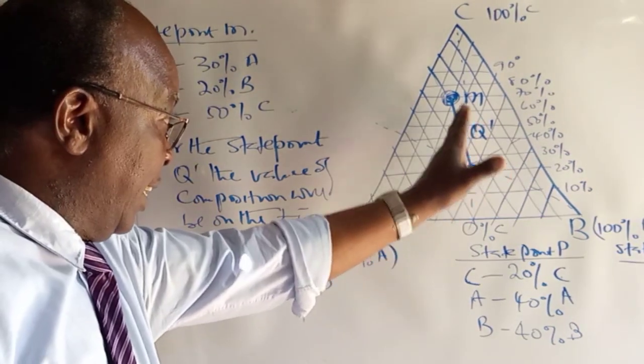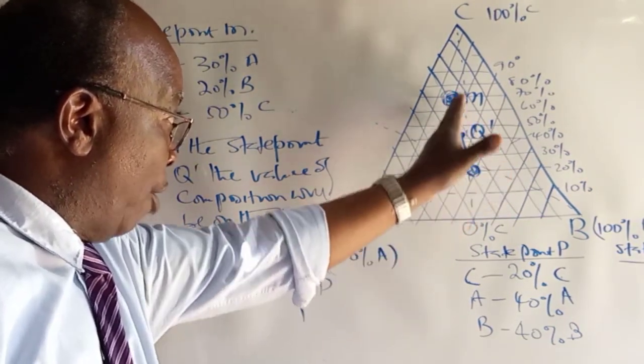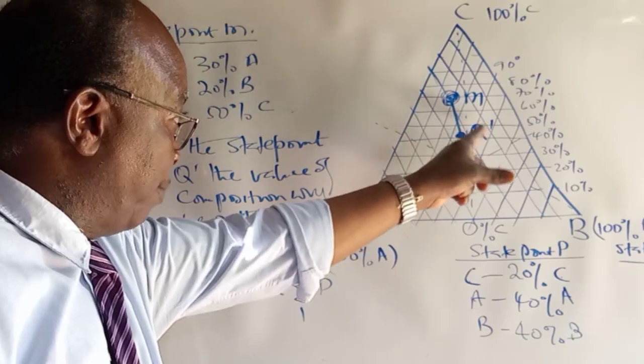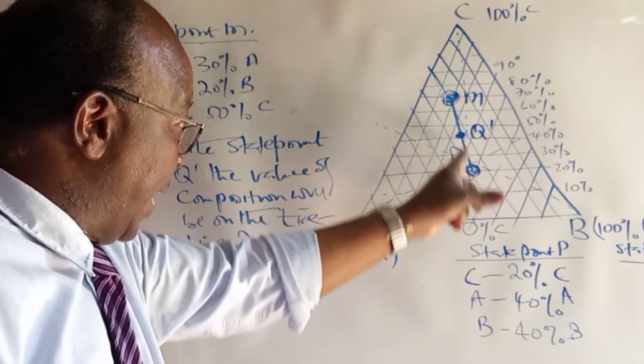Well, that the composition will be some point of the state point Q prime will be some point lying on that line there.